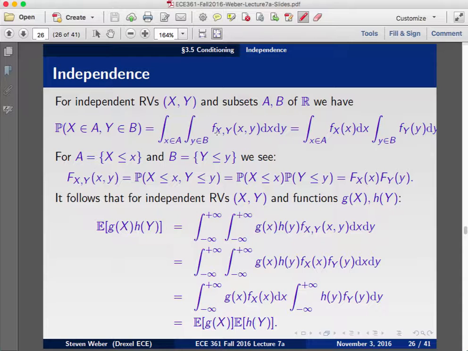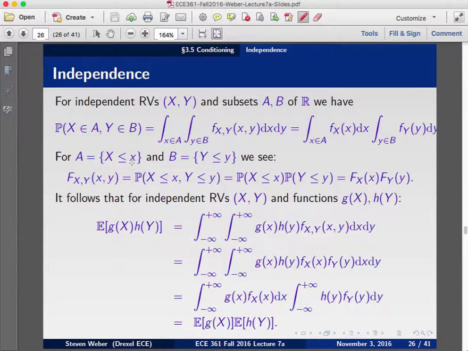And when I do that, I'm allowed to split up the integral so that I end up with the product of the integral over x in A of the density for x times the integral over y in B of the density for y. In other words, this is going to be the probability that x is in A times the probability that y is in B.